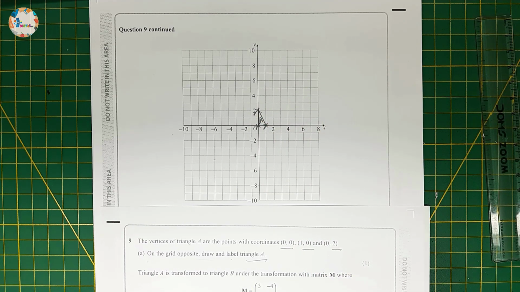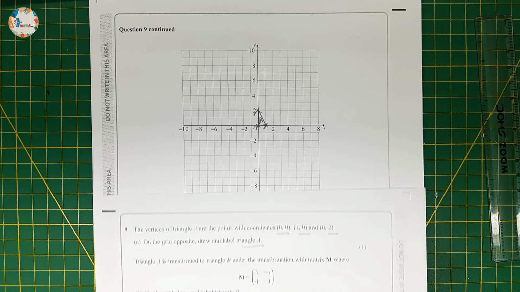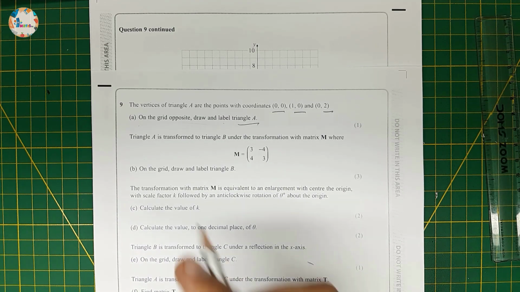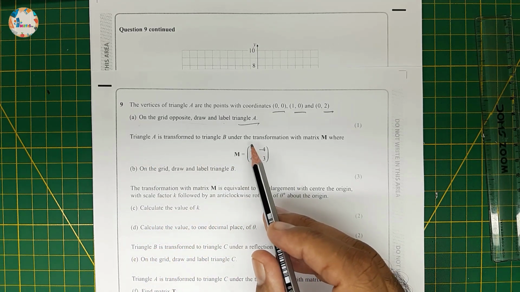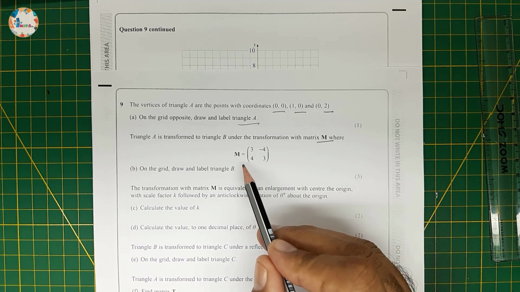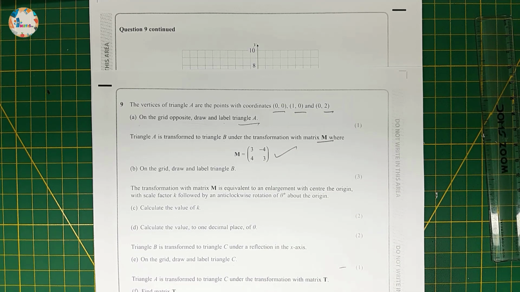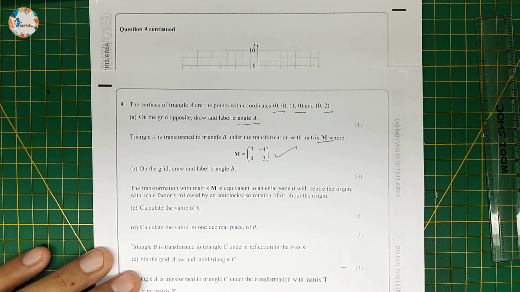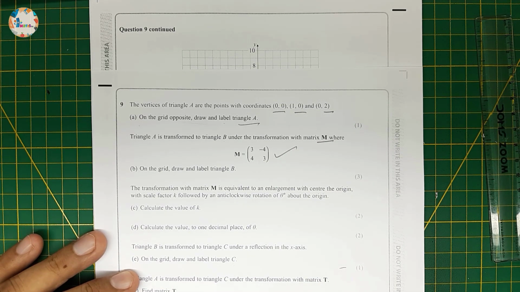Now it is labeled. Then in part B, they are saying triangle A is transformed to triangle B under the transformation with matrix M, where M is provided, and we have to transform this triangle under this.